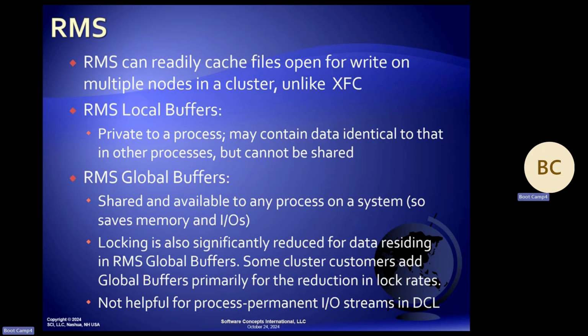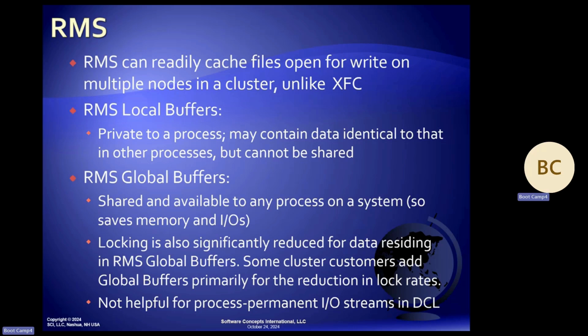I'll look at some clusters and SYSUAF.DAT has no global buffers on it. And yet across the cluster, people are doing 1,000 block requests per second to this RMS file lock for SYSUAF.DAT. And just by putting some small number of global buffers on that thing, you can cut the lock rate down significantly, because that's just overhead.